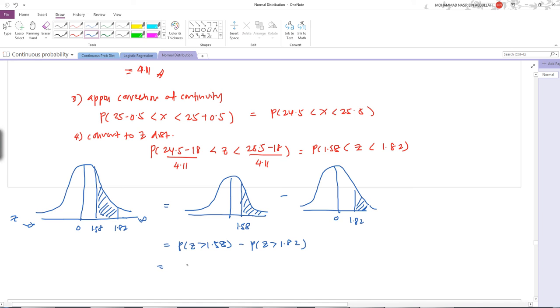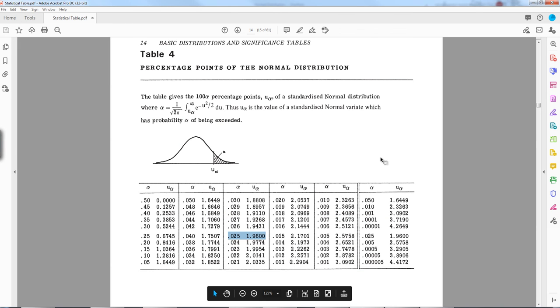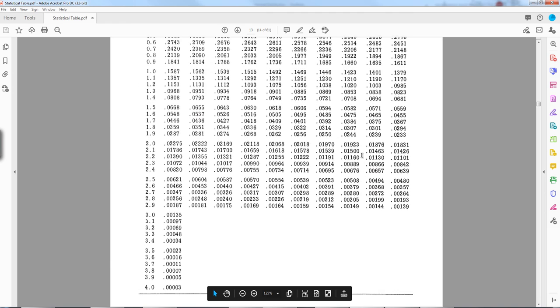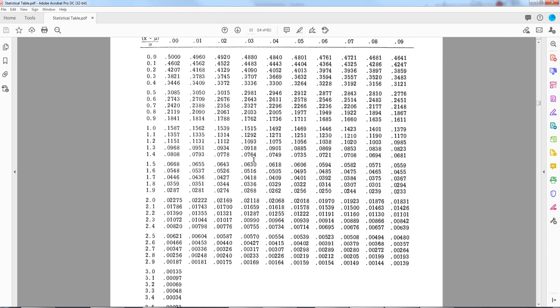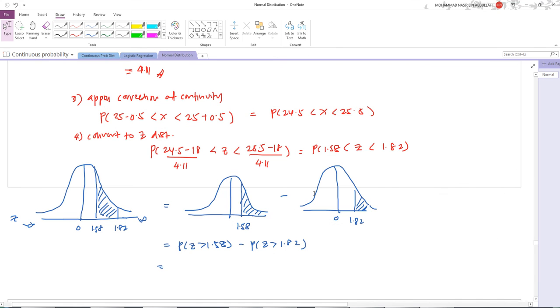So look at the statistical table, table number 3. Jangan tengok table number 4. Table number 3: 1.58 is 0.0571, minus 1.82 is 0.0344. So this one should be equal to 0.0227.